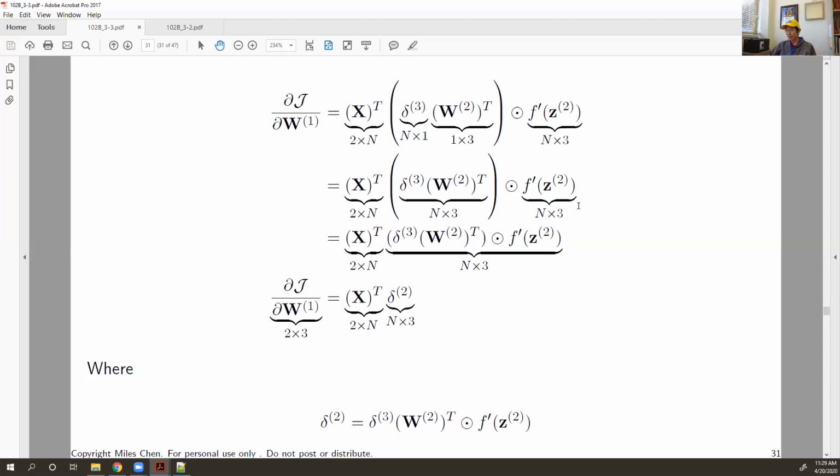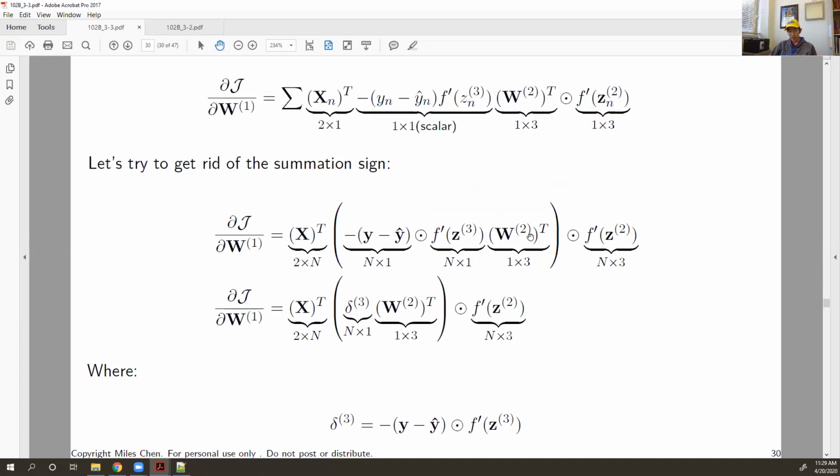multiply these things together. So in this case, we want the result to be 2 by 3, and if we pay attention to this, we can say, okay, I've got an n by 3 here and an n by 3 here. It makes sense to multiply these element-wise, right? If I tried to do it back here, with this 1 by 3 and an n by 3, I wouldn't be able to do element-wise multiplication there.